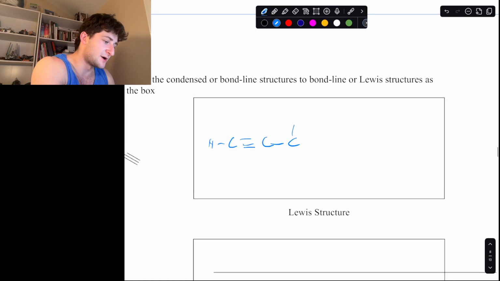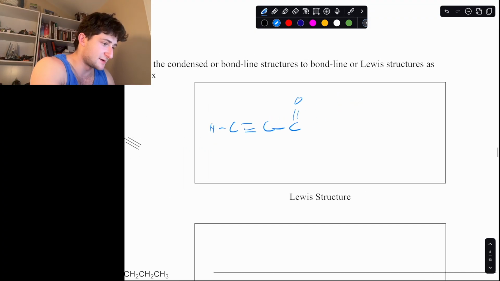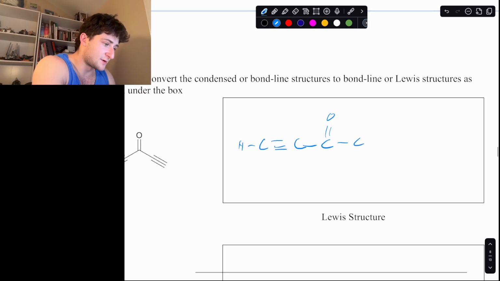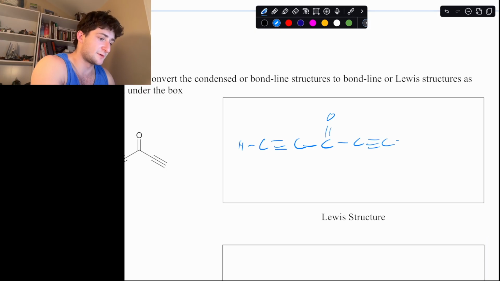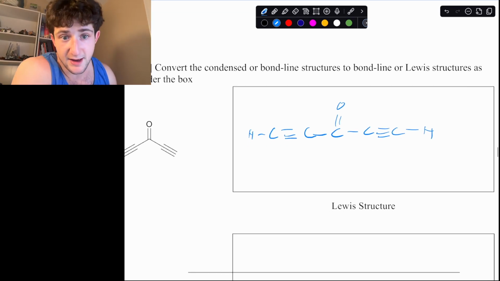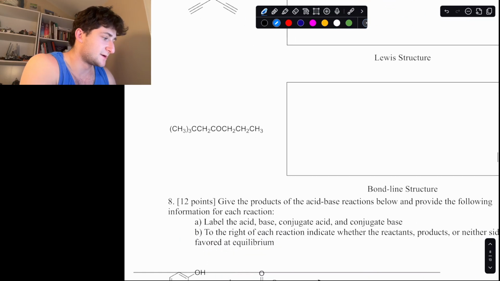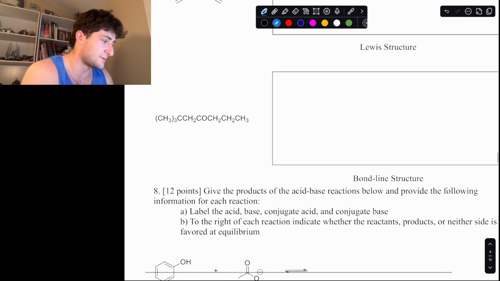Nah, I'll draw it like this, make it easier on me. Then another carbon, triple bonded to a carbon, single bonded to a hydrogen. How about them apples, dude? Nice. Okay, these ones always weird me out.